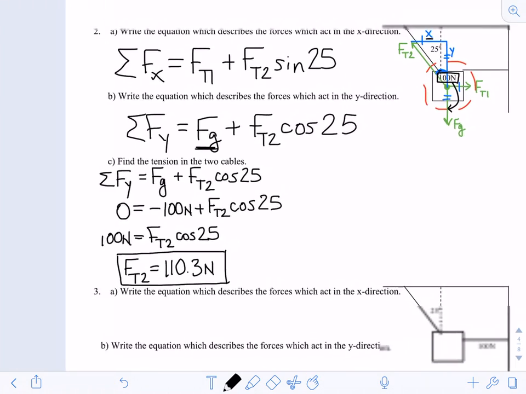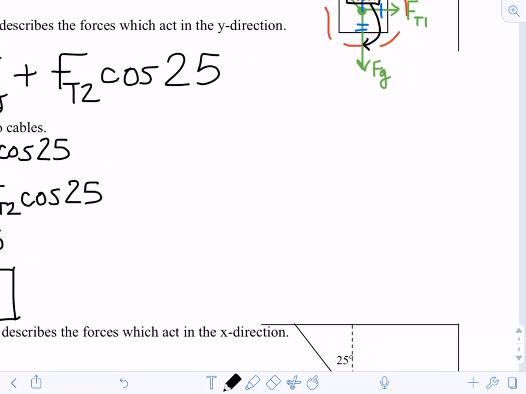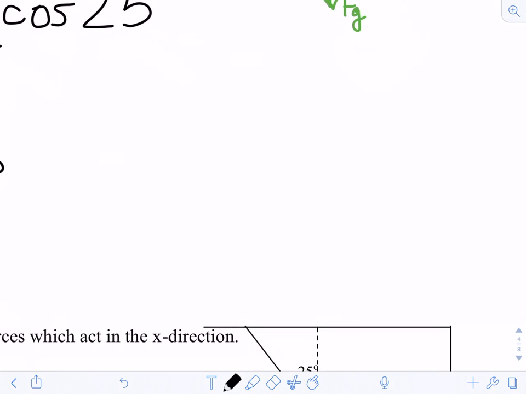Which is great, right? We've successfully used our force equation to actually solve a problem. Now let's find the tension in the second cable, and that would be FT1, and we can use our x force equation to find the tension in cable 1. So I'm going to rewrite that force equation.